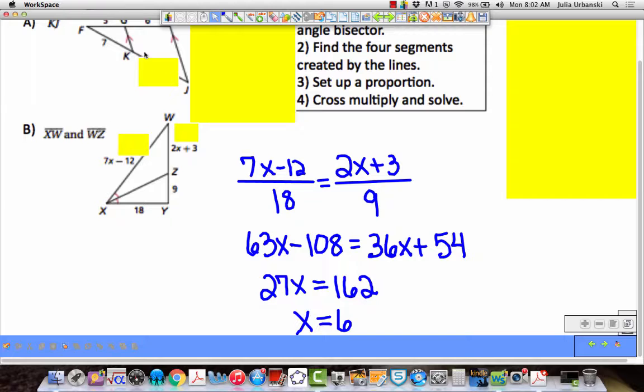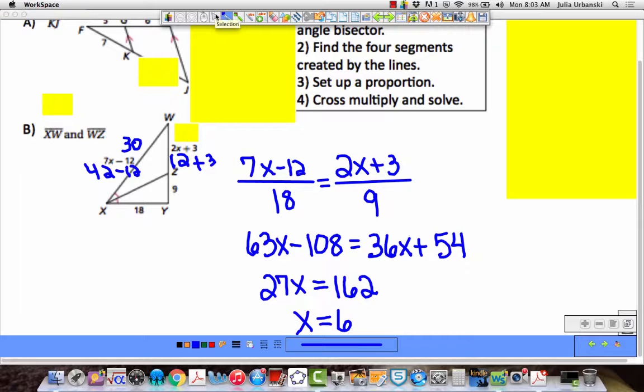So you take your x, and you plug it in right here. 7 times 6 is 42. 42 minus 12 would give us an answer of 30 for that one. And plug in a 6 right here. 2 times 6 is 12. 12 plus 3 would be 15 for that one. So don't forget to do that.